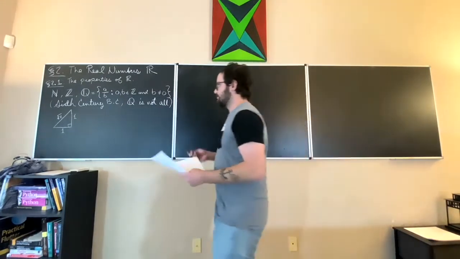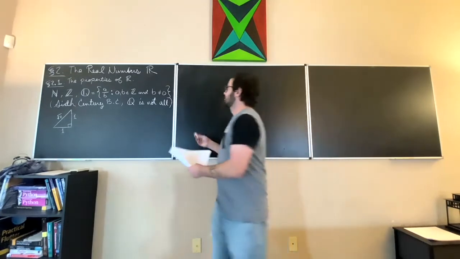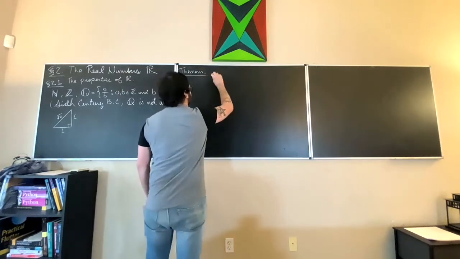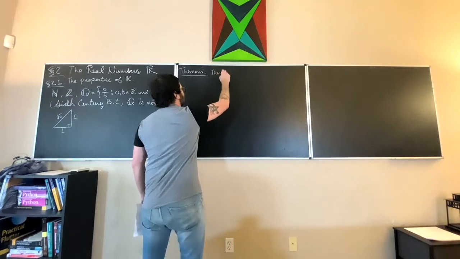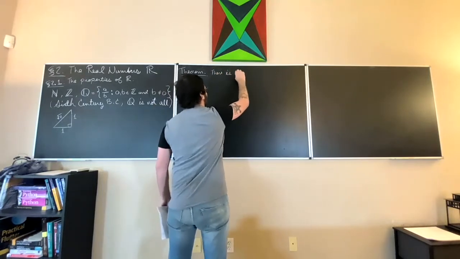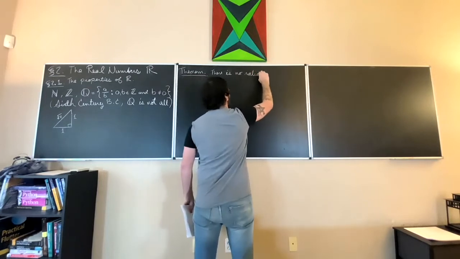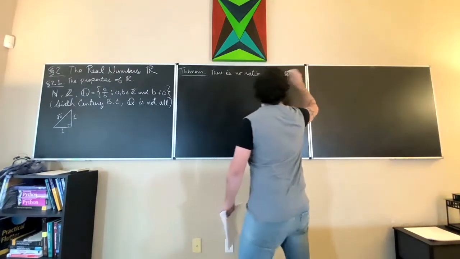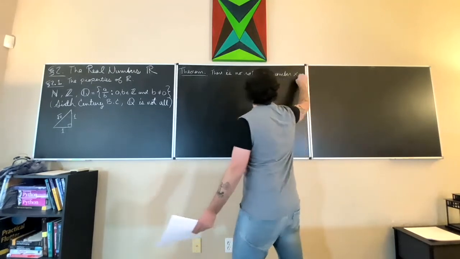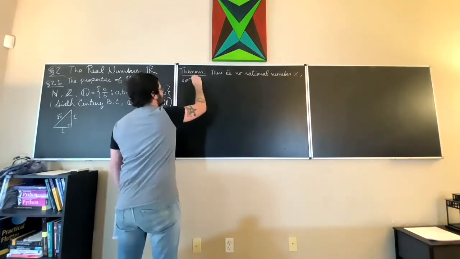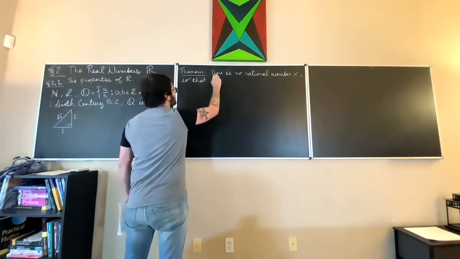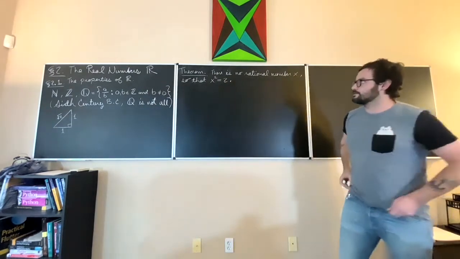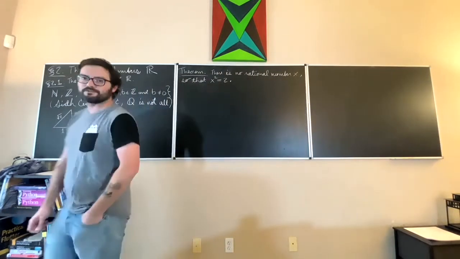Okay. So in particular, we need to prove this. So this is a theorem. There is no rational number x so that x squared is equal to 2.